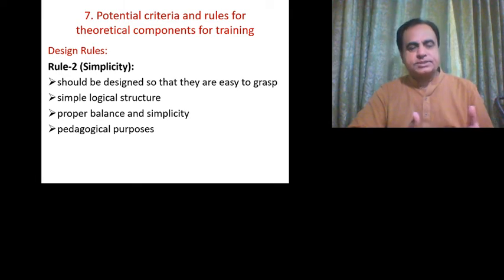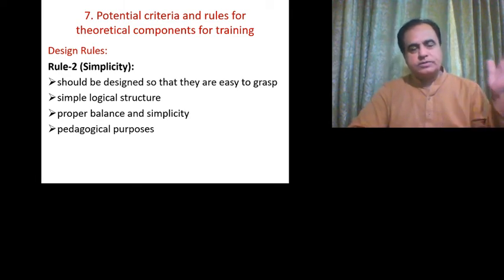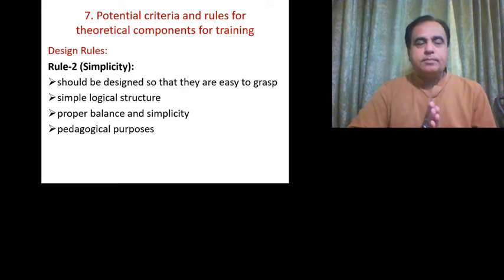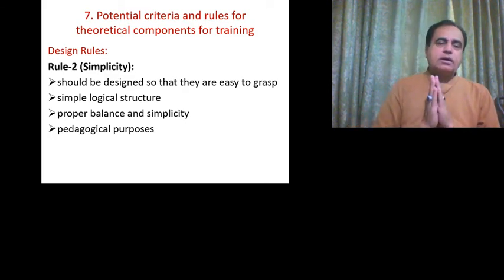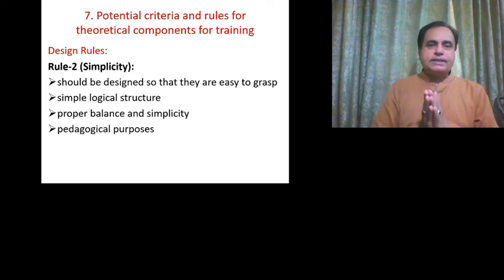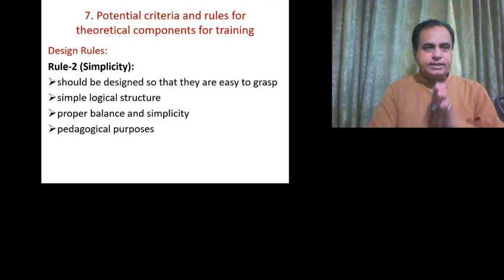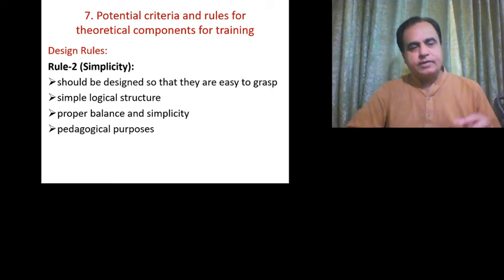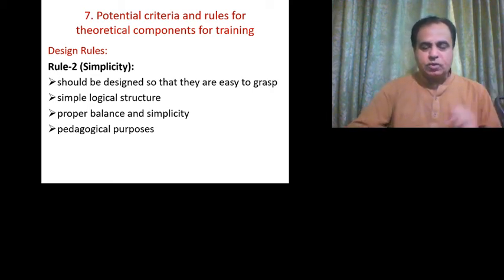A simple logical structure, not philosophical, with proper balance and simplicity, and clear pedagogical purposes. Why are we teaching this part of that theory here in this course? The pedagogical purposes should be very clear to the teacher and of course to the developers of the curriculum, that is, why we are including this in that course.